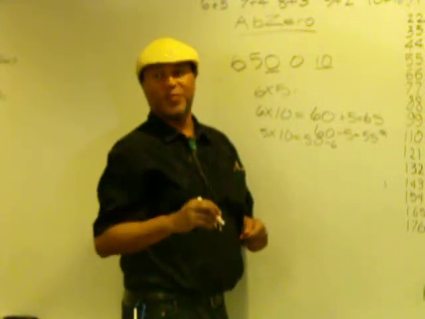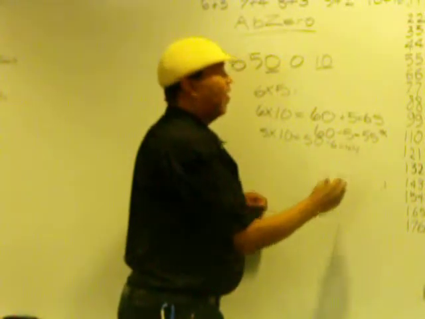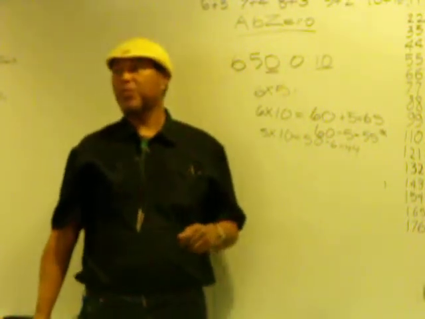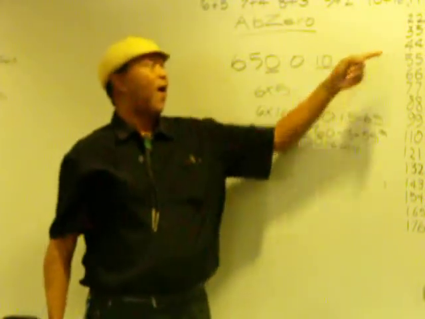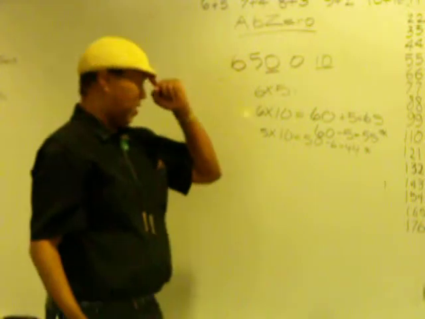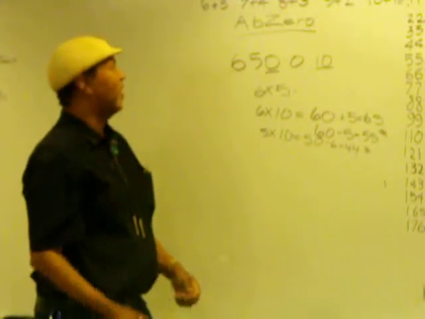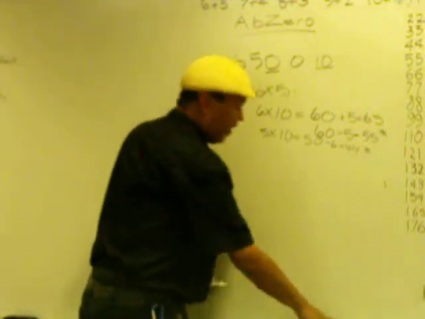Close, 44. Okay, is 44 a multiple of 11? Then that is a good answer. So that's about 4 so far, and it goes on and on.